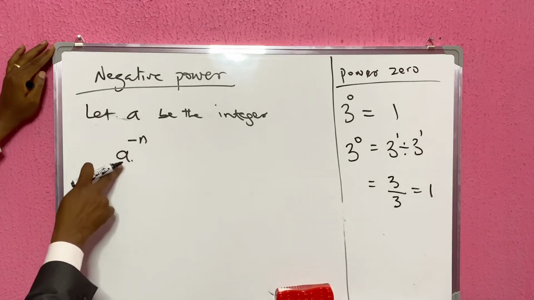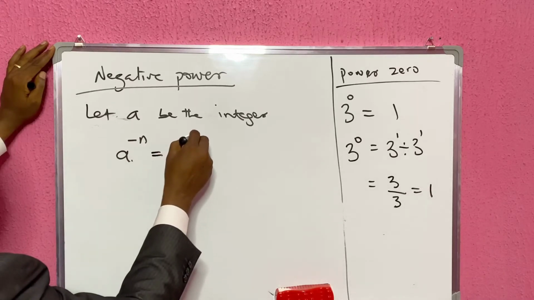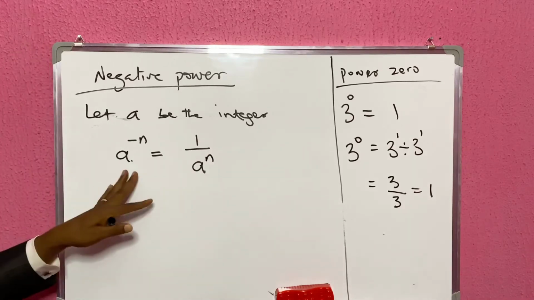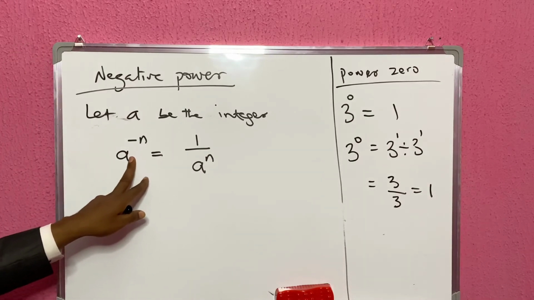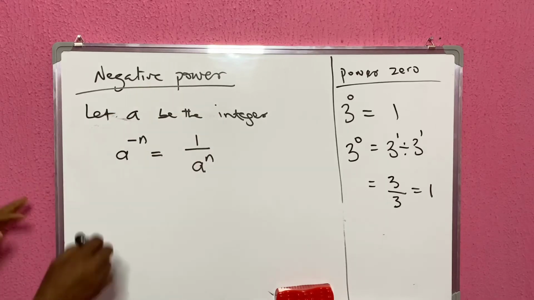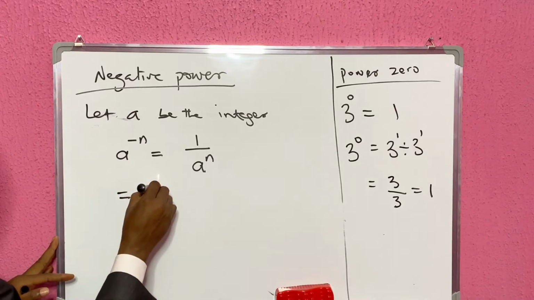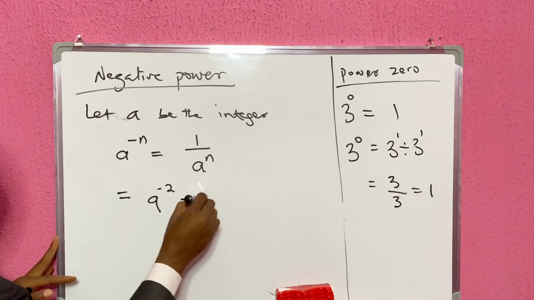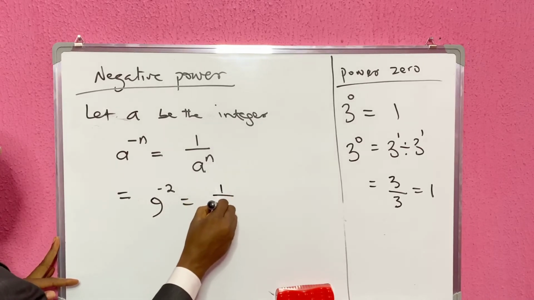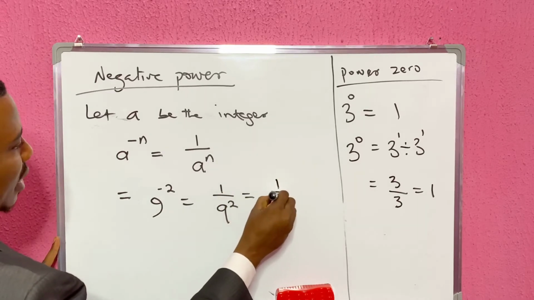So A is the base, n is the power. This will give us the reciprocal of A raised to the power n. That is how you handle negative powers. That's to say that 9 raised to the power minus 2 will give us 1 over 9 power 2, which will give us 1 over 81.